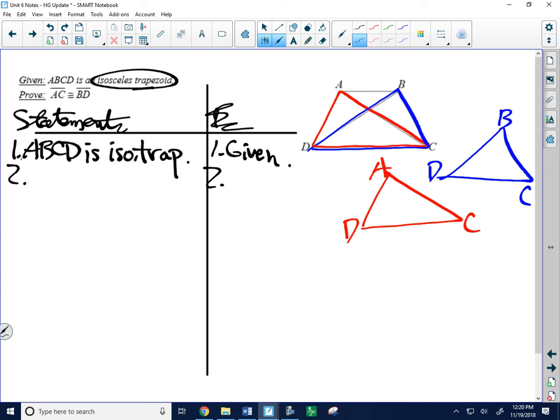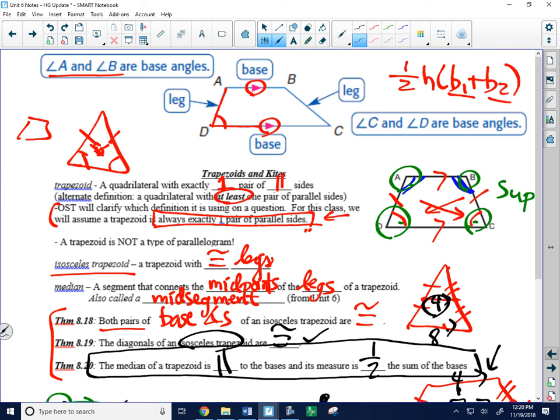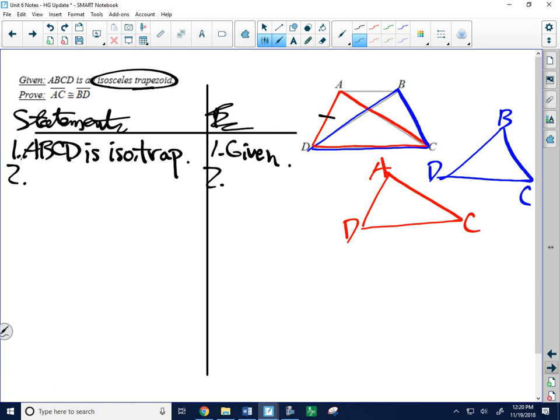And if you look back at the definition, congruent legs. The legs are congruent. Just by definition. Those are the legs. Well, it didn't say which sides are parallel, but AB and BC are not going to be the parallel sides.